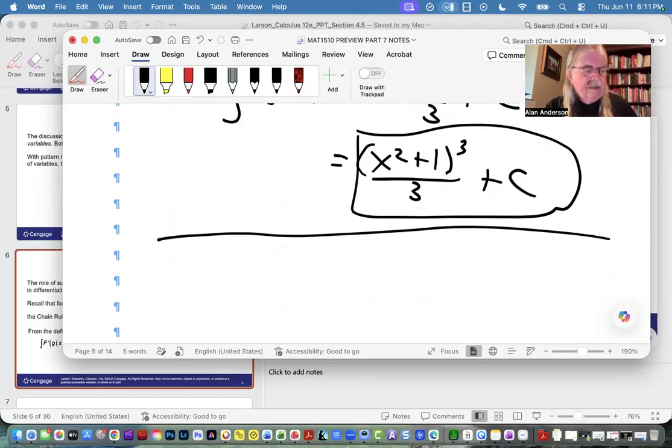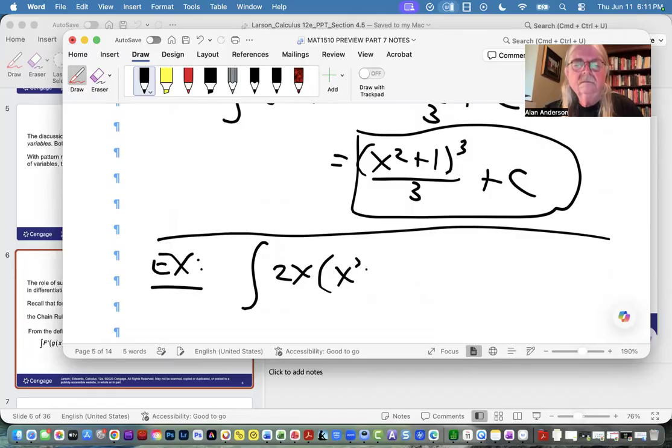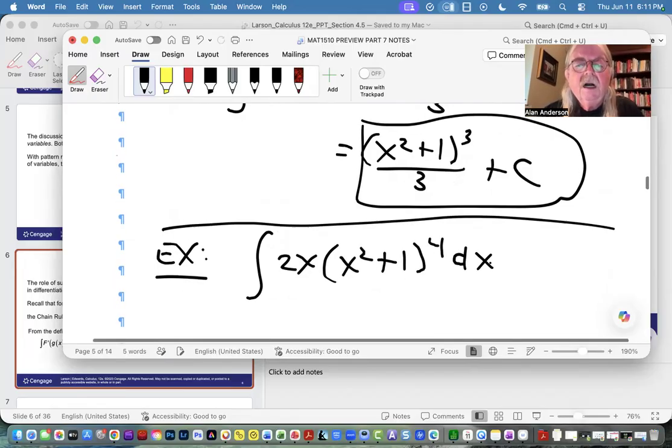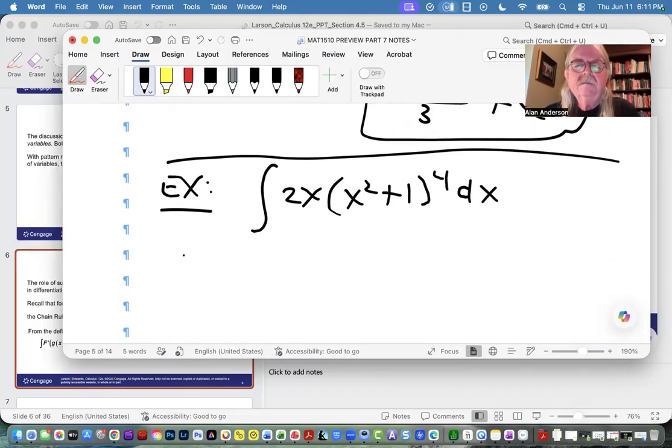Okay, so I think we have a couple more examples here. Yes, we do. How about this one? All right. Now, what we should probably do is first rewrite it slightly.